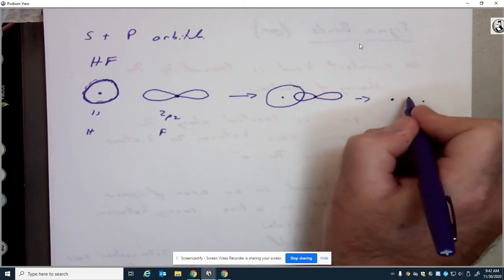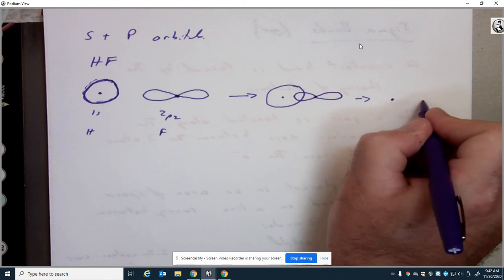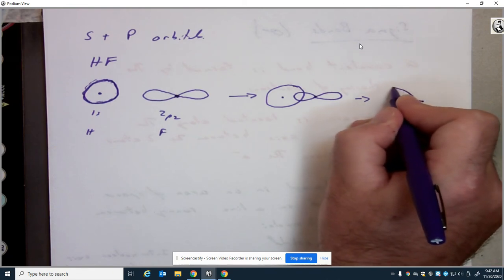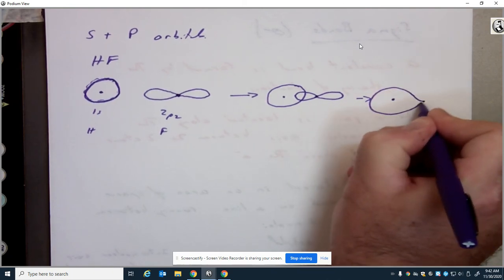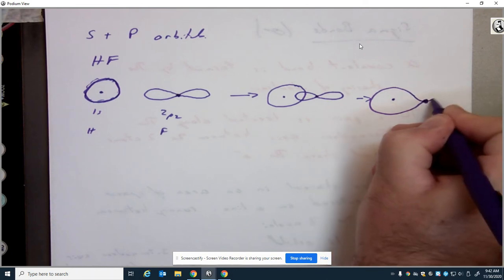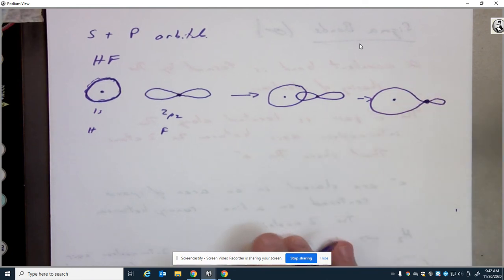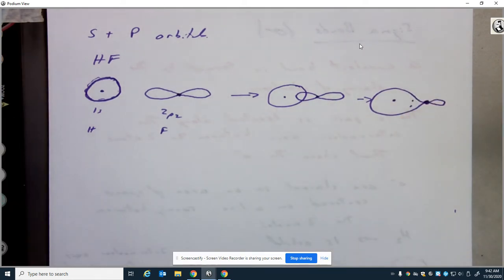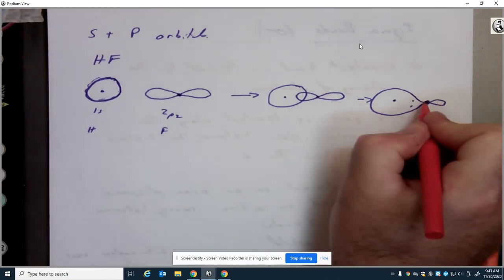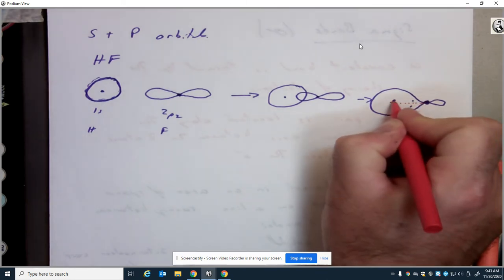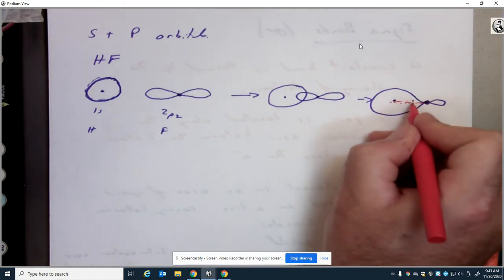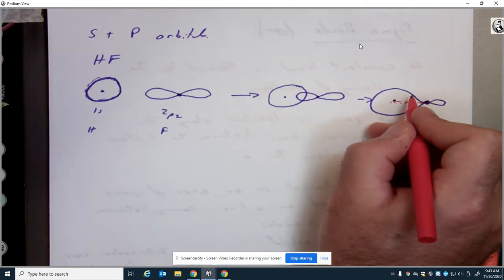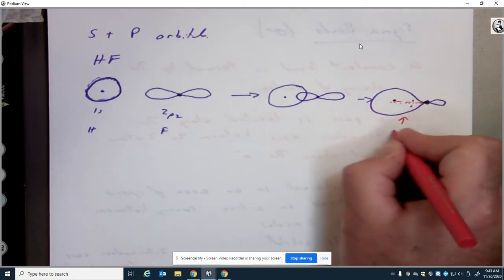We end up getting an orbital something like this. And my 2 electrons are shared in this area right here. Now, this is a sigma bond. Why? Because these 2 electrons are found right on the internuclear axis. So if I draw a line from the 2 nuclei, okay, they are on that internuclear axis. So this would be a sigma bond.